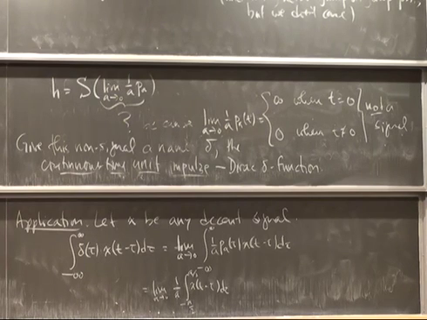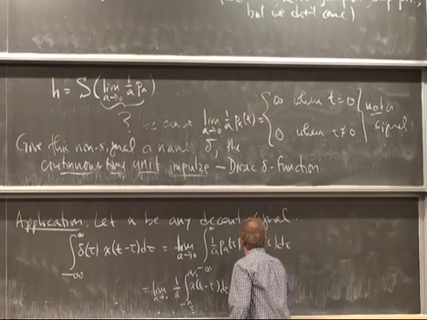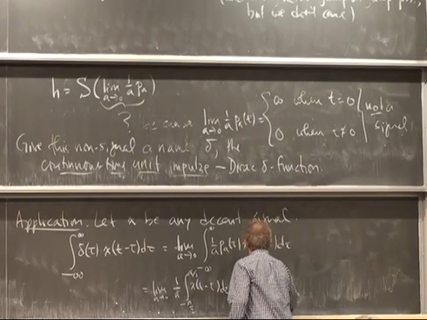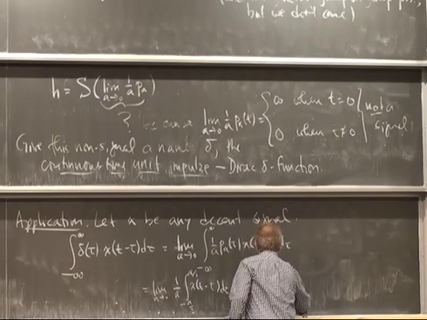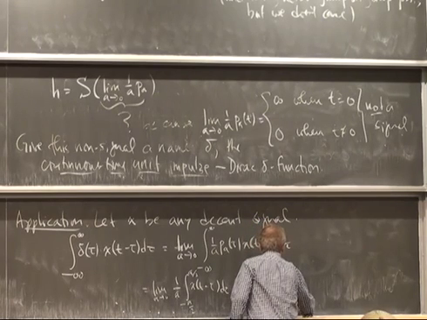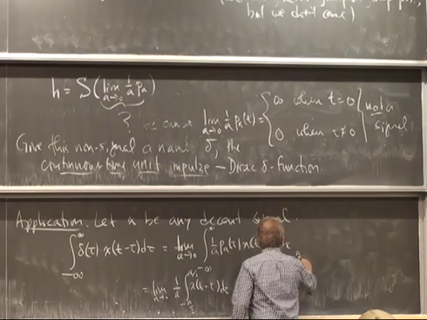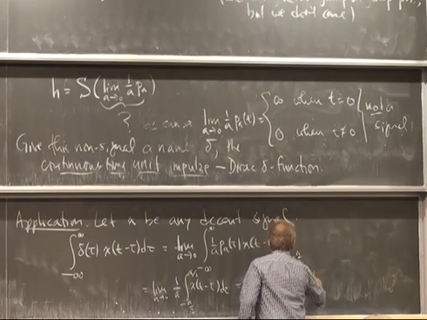I forgot the limit there. And if you do zeta equals t minus tau, and so d zeta is minus d tau and all that kind of thing, this turns out to be the same as the limit as a goes to 0 of 1 over a integral from t minus a over 2 to t plus a over 2 of x of zeta d zeta.